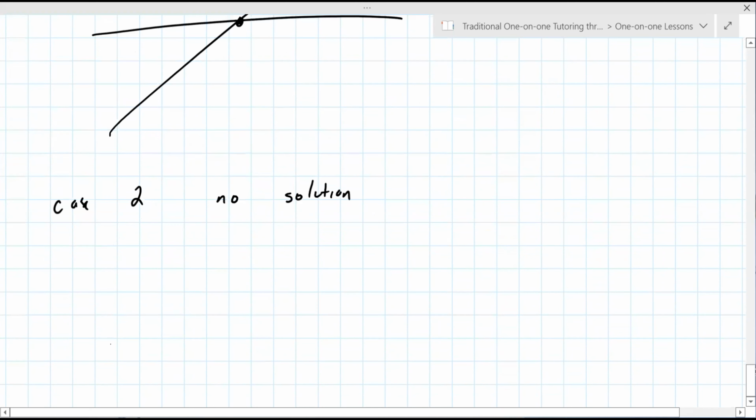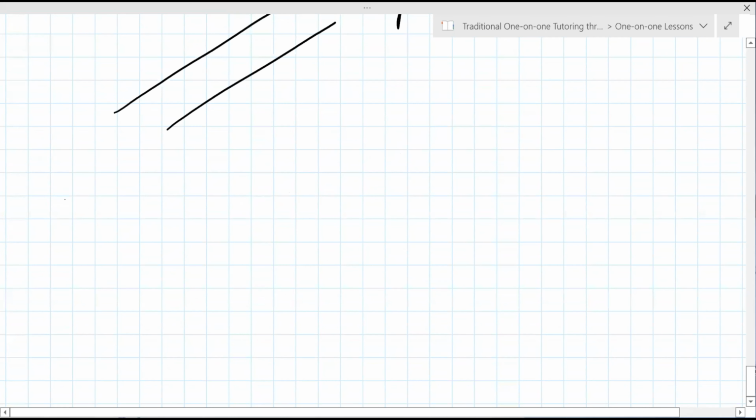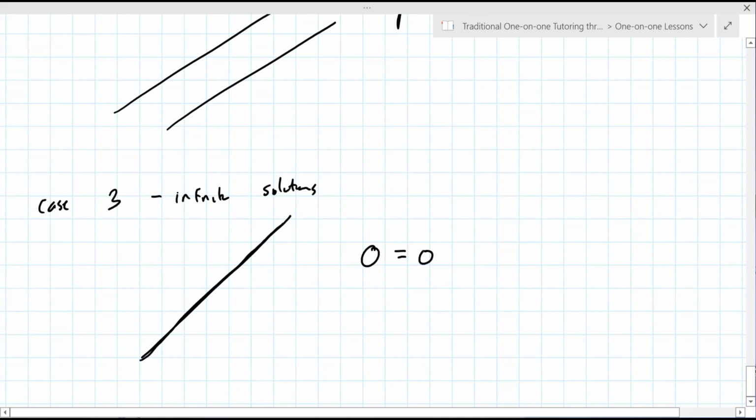No solution is when the lines are parallel. Case three is what we just saw, which is when the lines are right on top of each other. They are infinite solutions. And don't worry about what that means for now. Just go with it. But what you're looking for is a 0 equals 0 situation.